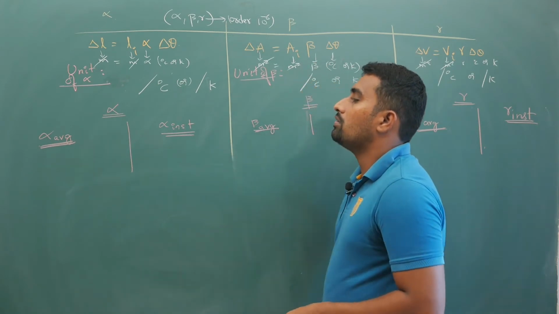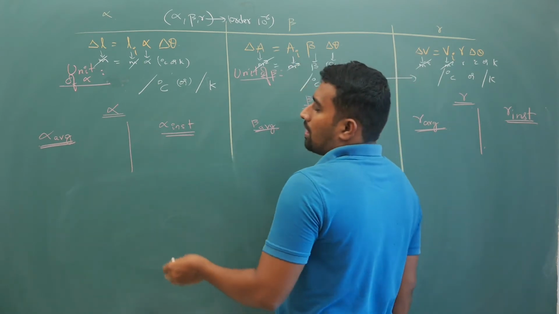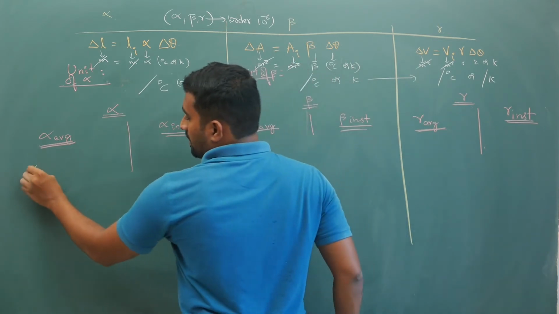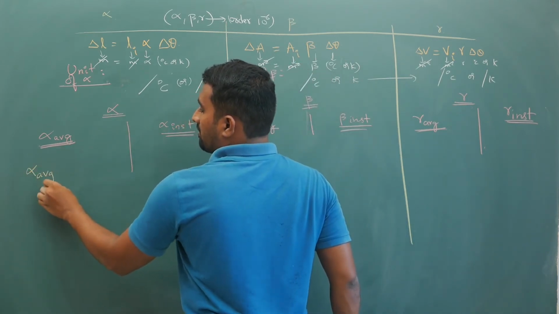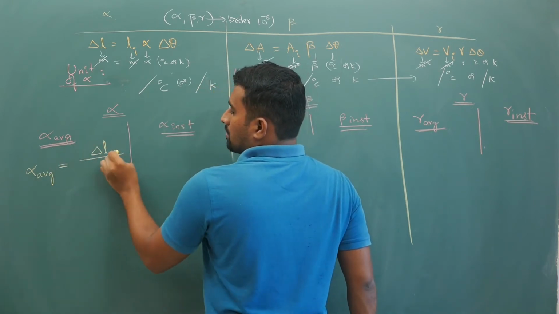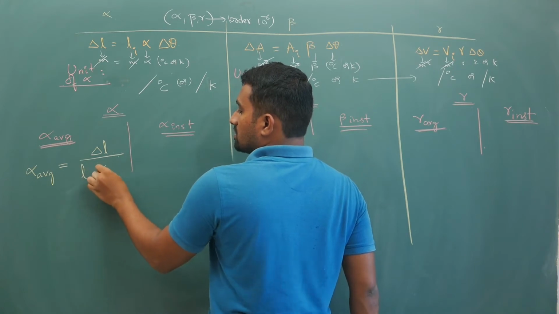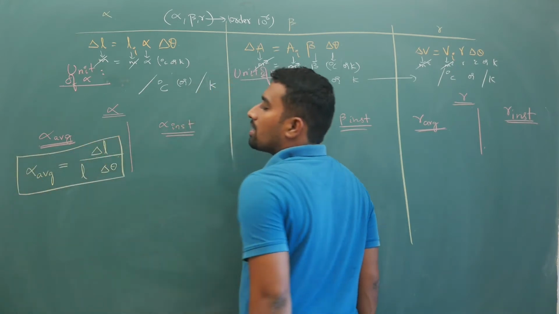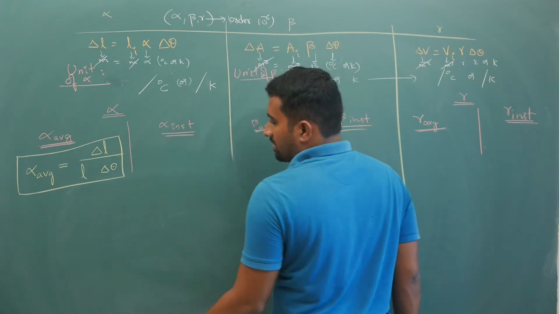Now, your average value: alpha average is change in length by original length times change in temperature. Here your alpha average is defined like this.